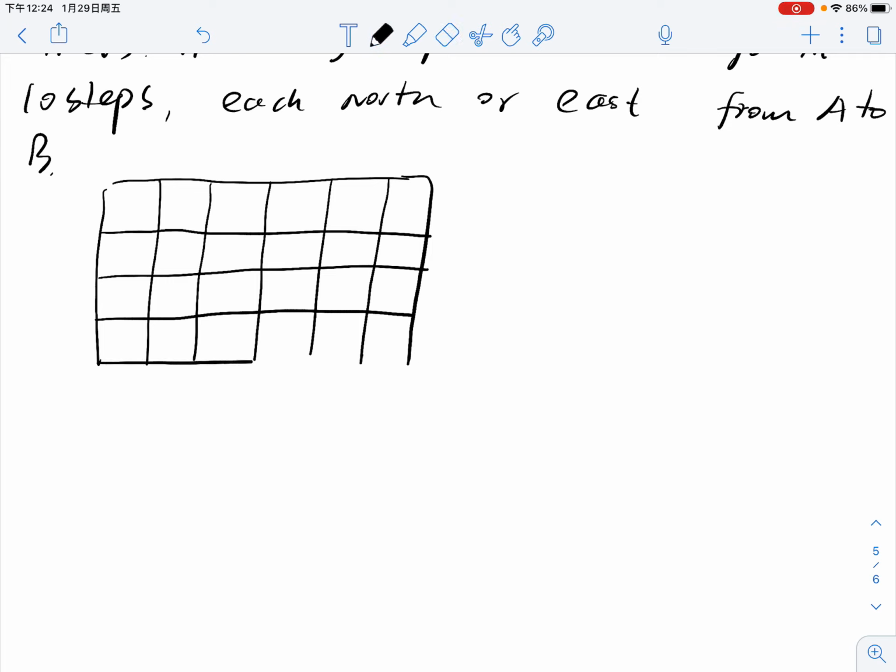For example, for this path, you go east first, and then north, then east, north, east, north. No matter how you arrange, any path will consist of 6 E's and 4 N's. And each different sequence corresponds to a different path. So this is a bijection.